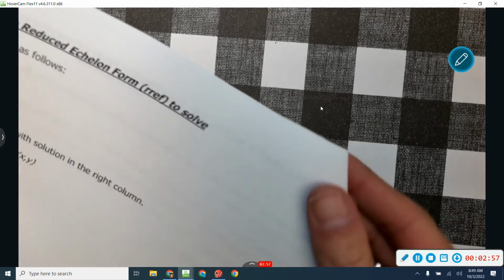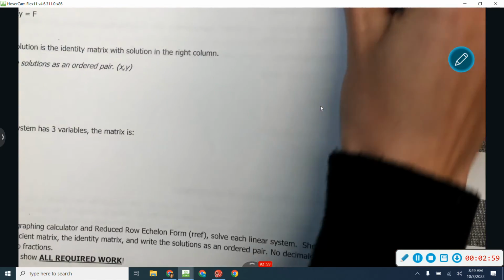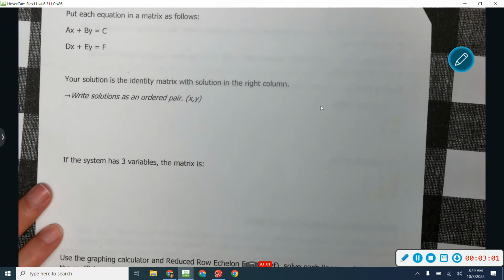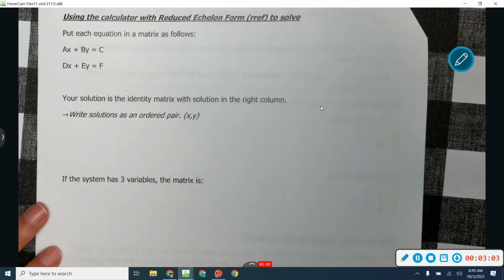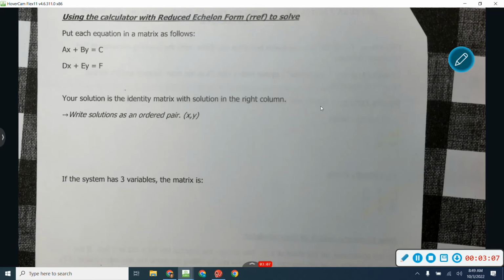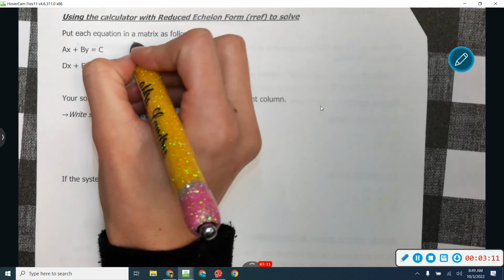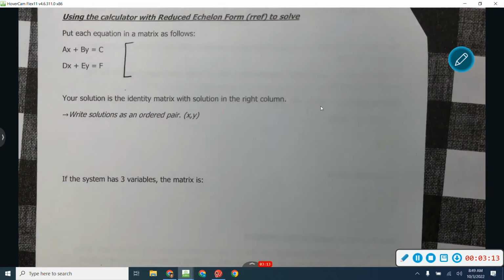Alright, so we're going to look at how to put a system of equations into a matrix. Okay, so if I have a system, ax plus by equals c, and dx plus ey equals f, that's going to be where I start with my what's called a coefficient matrix. Okay, so I'm going to take my coefficients for each variable, and I'm going to take my constant.